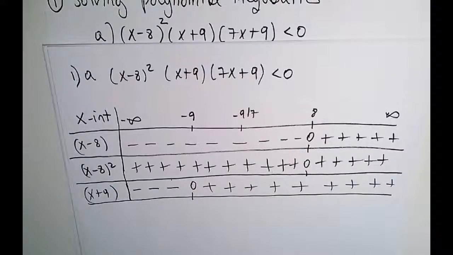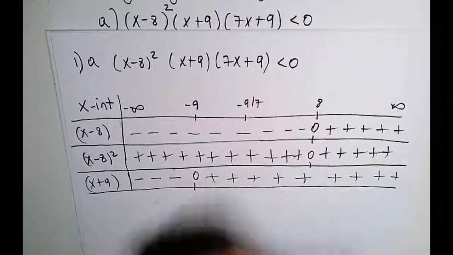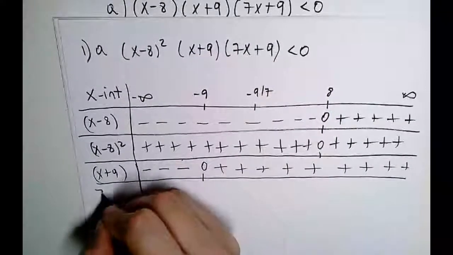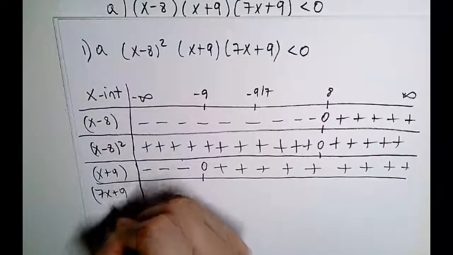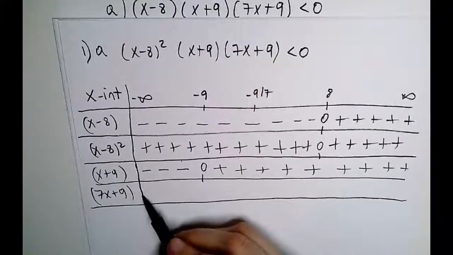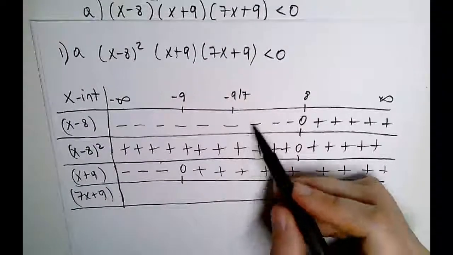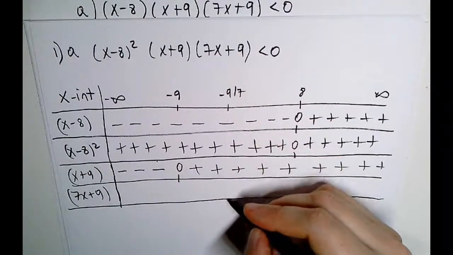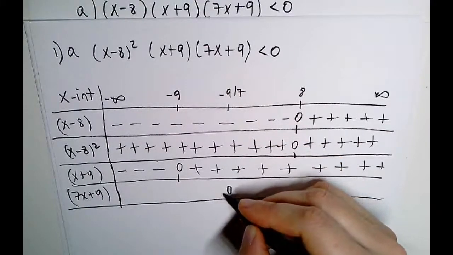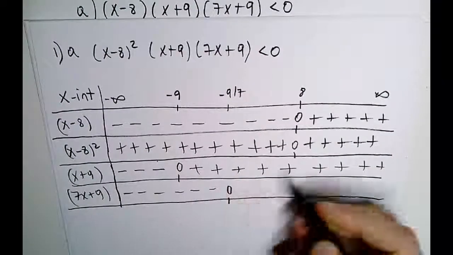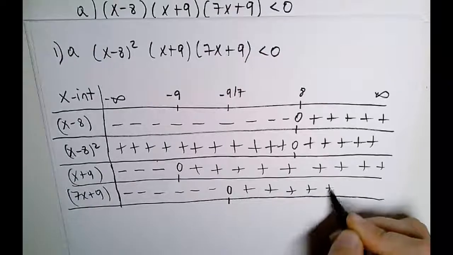And then my next term is 7x plus 9. So in this row, 7x plus 9 is 0 when x is negative 9/7. So I'm going to put 0 for negative 9/7. And then before, it's going to be negative, and then positive.